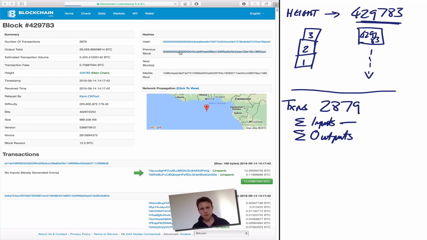That's very important, and we're going to go into this when we see the actual anatomy of the block header. You can see that the previous block hash is this one, and the hash of this particular block is this one. The Merkle root of all of the transactions is this, and we're going to go into more depth about what this actually means.